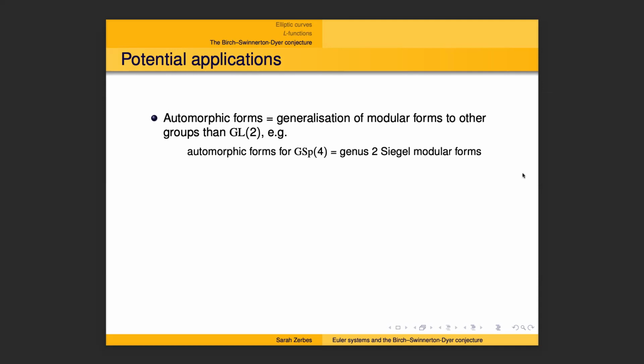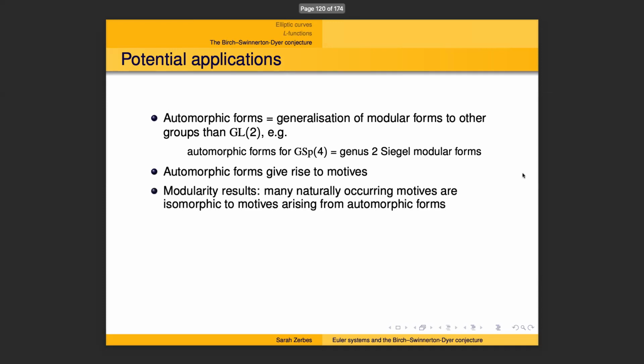Say genus 2 Siegel modular forms are automorphic forms for the symplectic group GSp4. And similarly, the Hilbert modular forms, for GL2 over real quadratic fields, and so on. So automorphic forms give rise to motives, well, at least conjecturally. Sometimes it's known, sometimes it isn't.